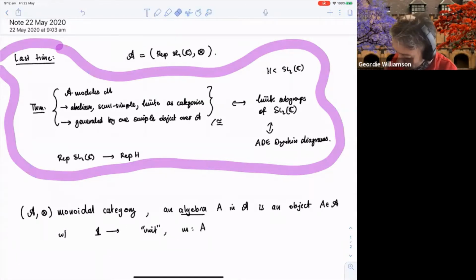The unit is the unit of the monoidal category, and we have a multiplication such that the axioms for an algebra are satisfied.